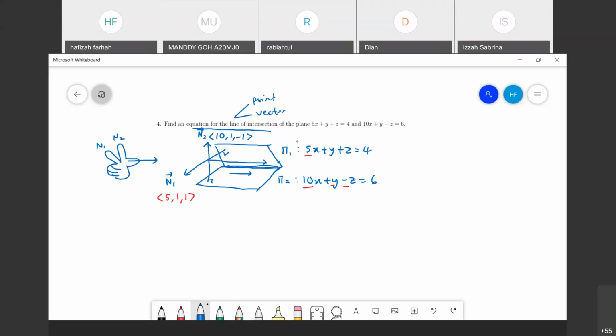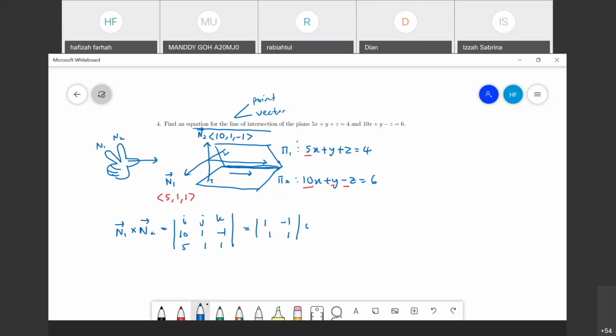So we have n1 cross n2 equals i, j, k, and then we have 5, 1, 1, and 10, 1, negative 1. Using the cross product, first we compute i: 1, negative 1, 1, 1.